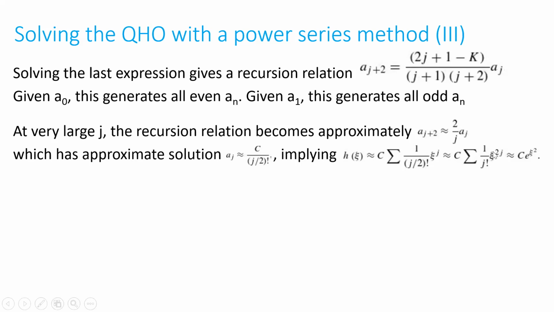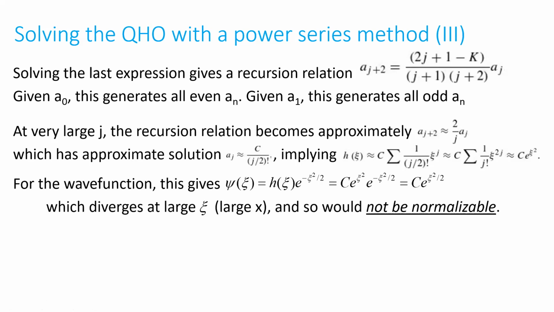Here our x would be psi squared, because psi to the 2j is the same as psi squared to the jth power. So we get 1 over j factorial psi squared to the jth power, which is approximately equal to e to the psi squared. Okay, so that's a lot of approximations and arguments.